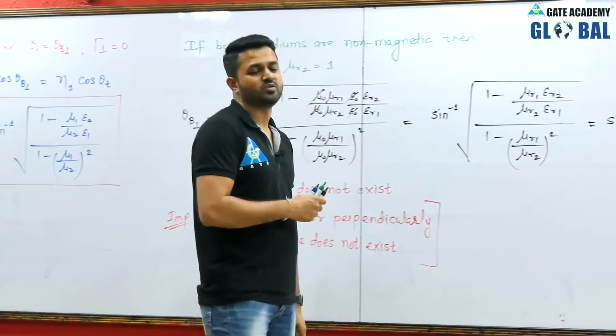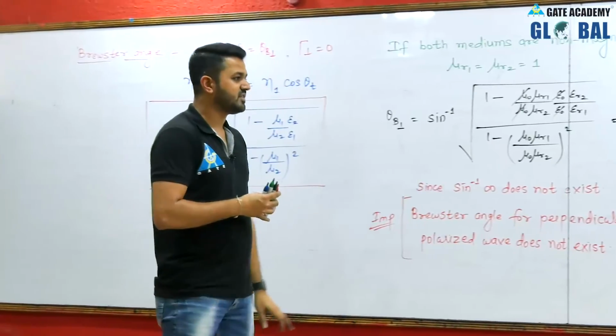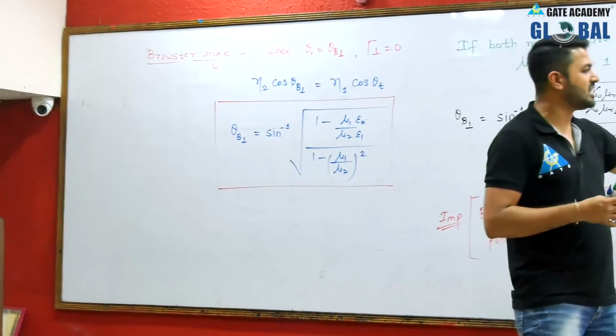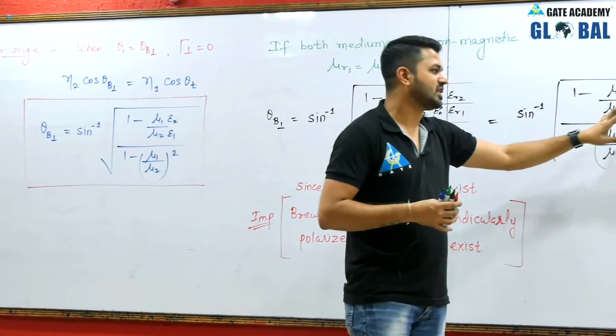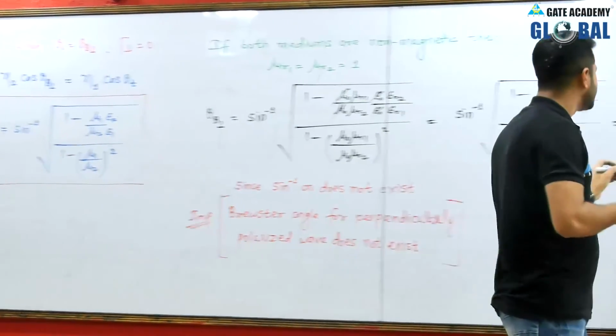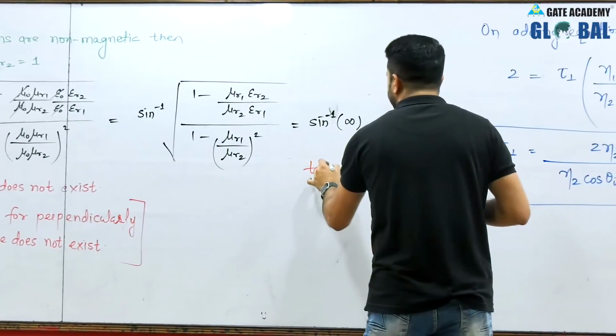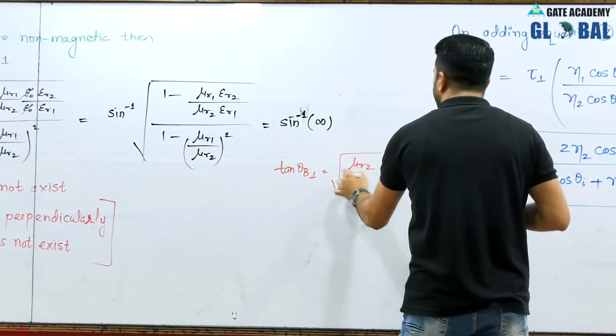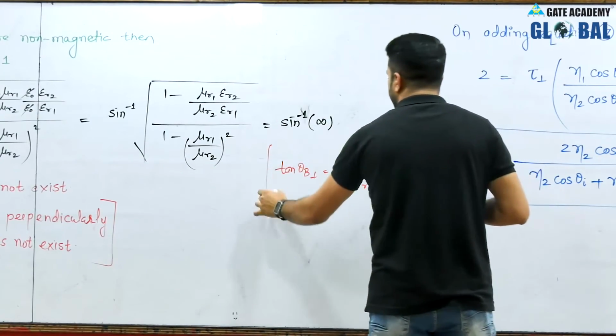So this is all about the perpendicularly polarized wave. If you want a non-zero value, with epsilon r1 equal to epsilon r2 equal to 1, then you can consider tan theta b perpendicular equal to root over mu r2 upon mu r1.